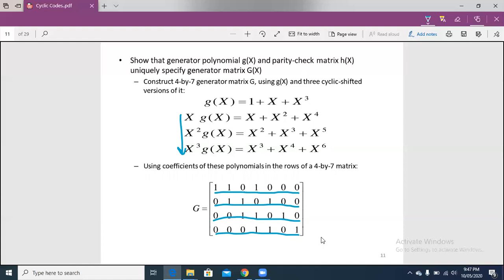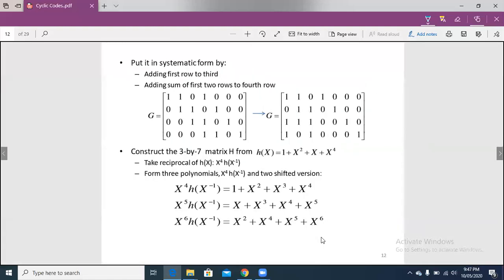So, by adding rows and columns of the matrix, we can convert it into a systematic form. For this, we add the first row to the third row.